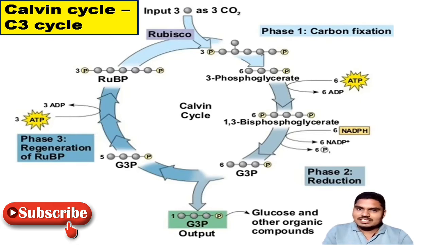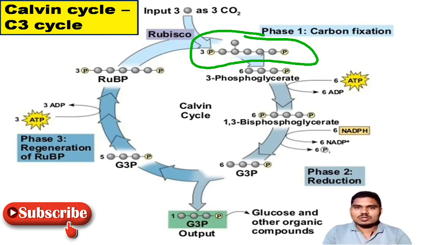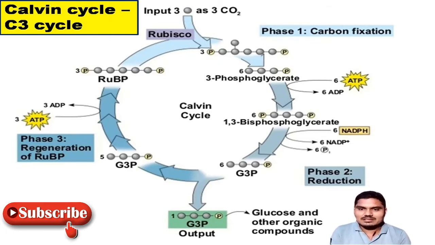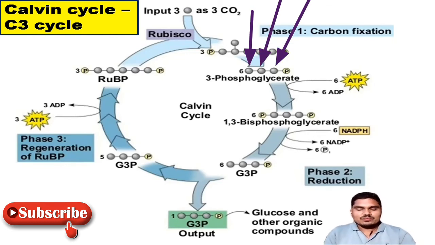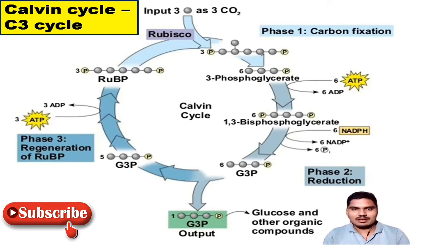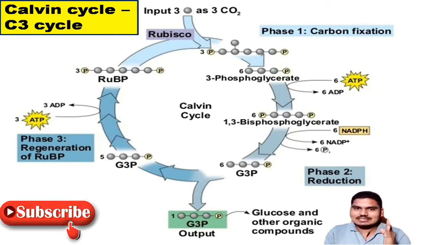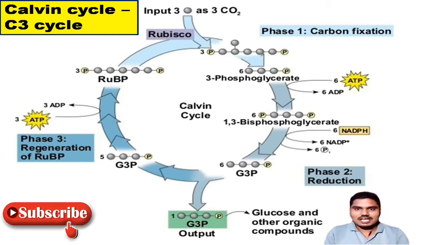The 5 carbon atoms of RuBP combine with 1 carbon of carbon dioxide, forming a molecule of 6 carbon atoms that is unstable and breaks down into 2 molecules. Each molecule has 3 carbon atoms.